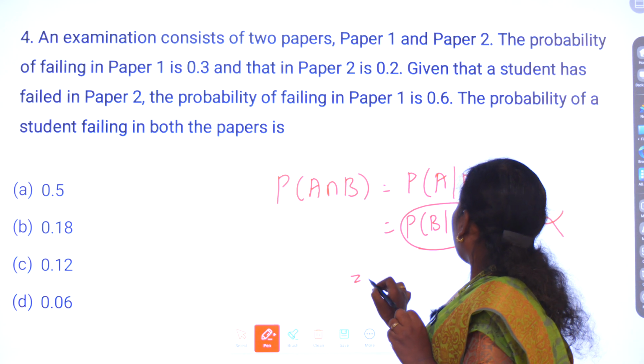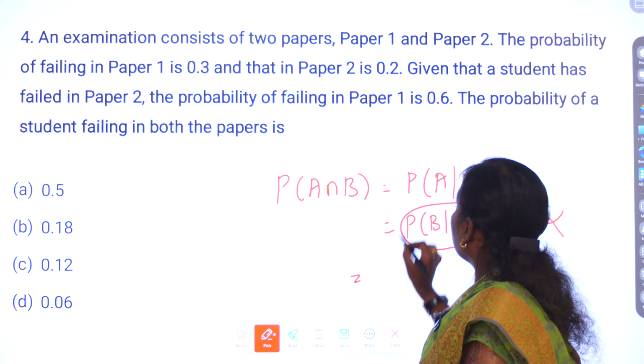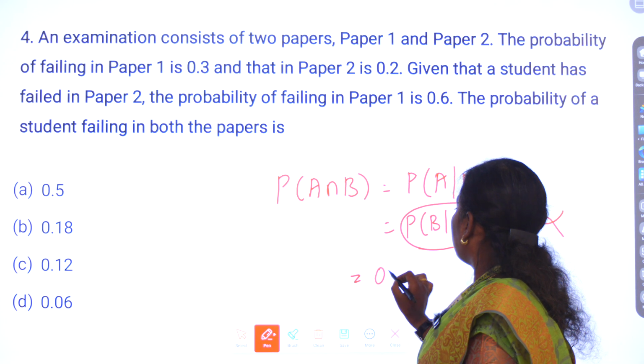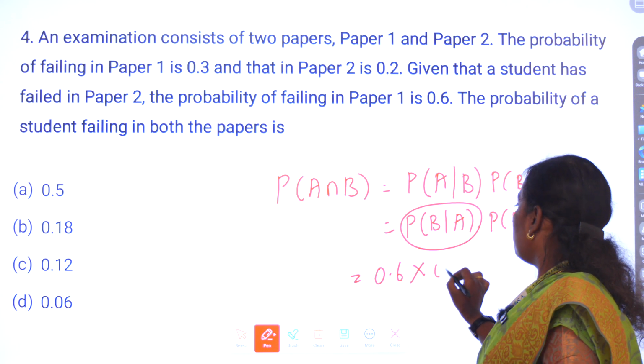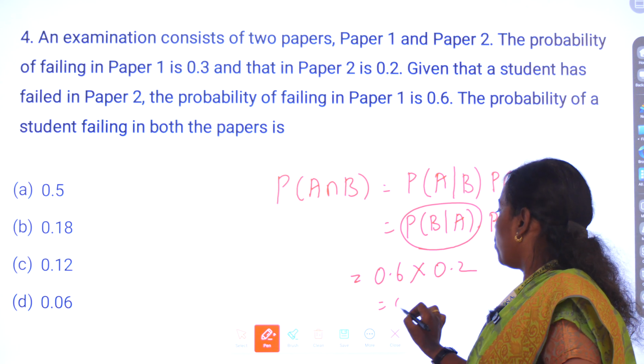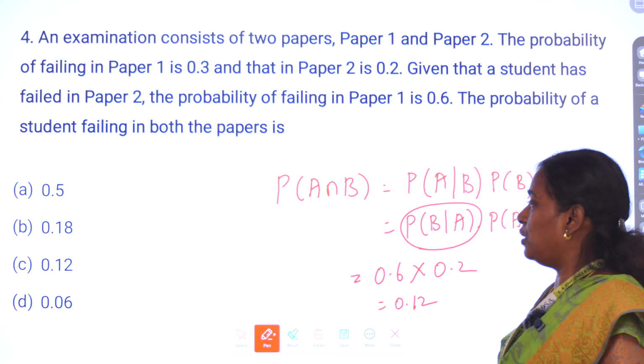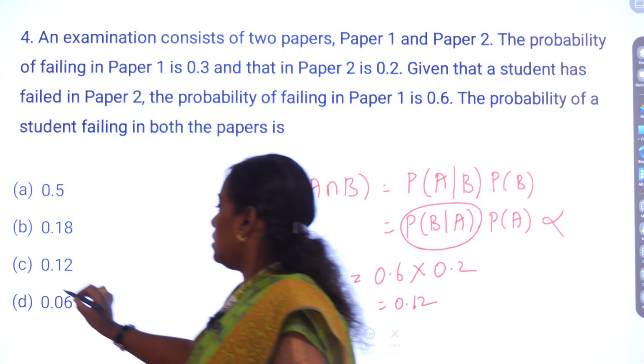P of A given B is 0.6, and P of B is 0.2. So the answer is 0.12. So option C is correct.